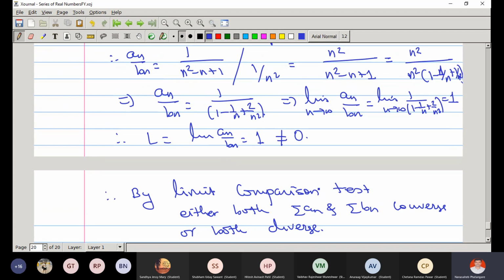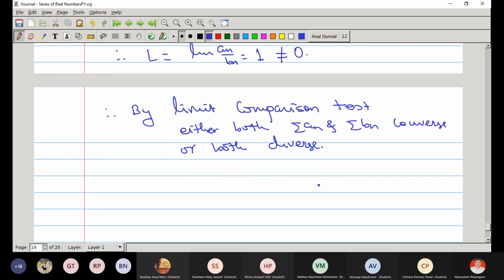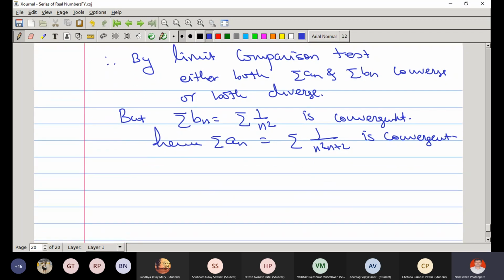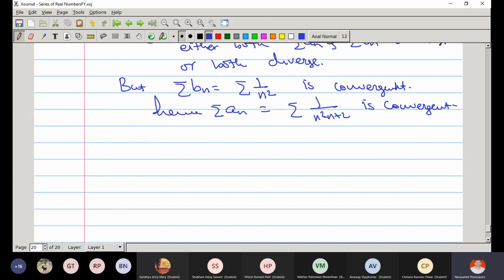Do you know the convergence of bn? It is convergent, and therefore the same is for an. Hence an is convergent. The trick here is that we have to choose a proper bn whose convergence is known, so that we get a limit which is non-zero.